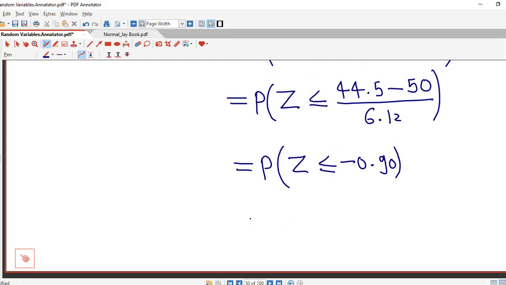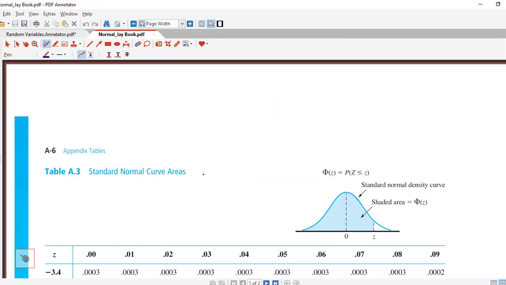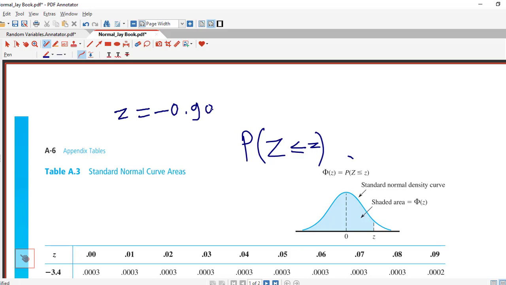So now we can use the cumulative normal probability table to find out this value, the probability that Z is less than or equal to minus 0.90. So this is the cumulative standard normal probabilities. We have this type of values in the table: the probability that the standard normal random variable is less than or equal to z, and we have z equal to minus 0.90.